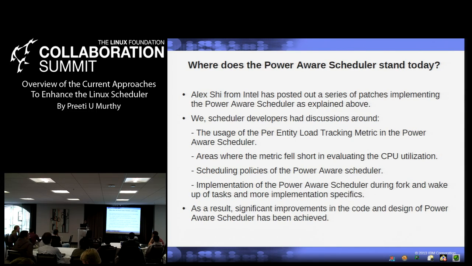That was one of the points of debate, and the last point I have also mentioned in the slide. After all this, a lot of improvement did happen in the code and the design of it. The reason I say this is that in 2006, when the Power Aware Scheduler was introduced, it had certain disadvantages. The first being, it was not using a metric like Paul Turner's, it was using NR running. So it was not very convincing the way its results showed up.